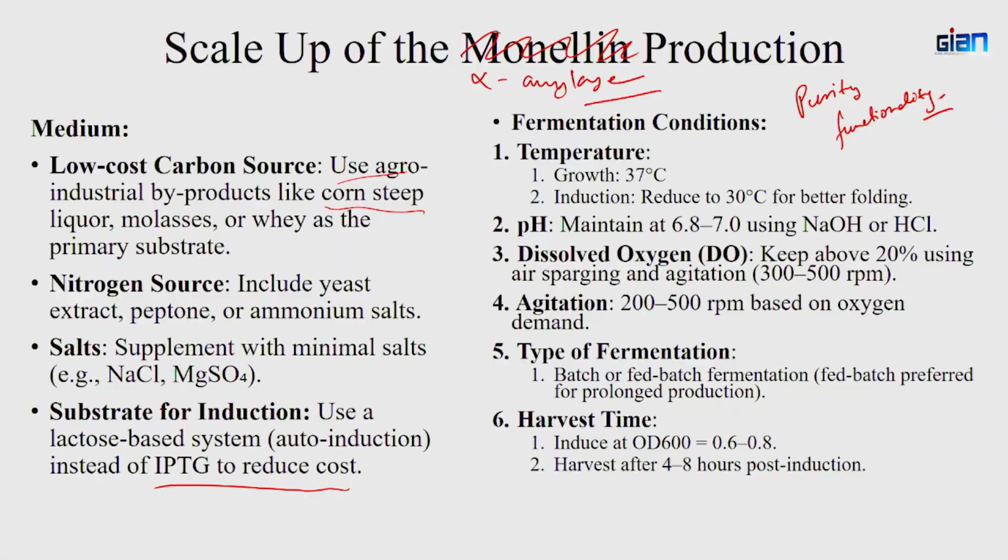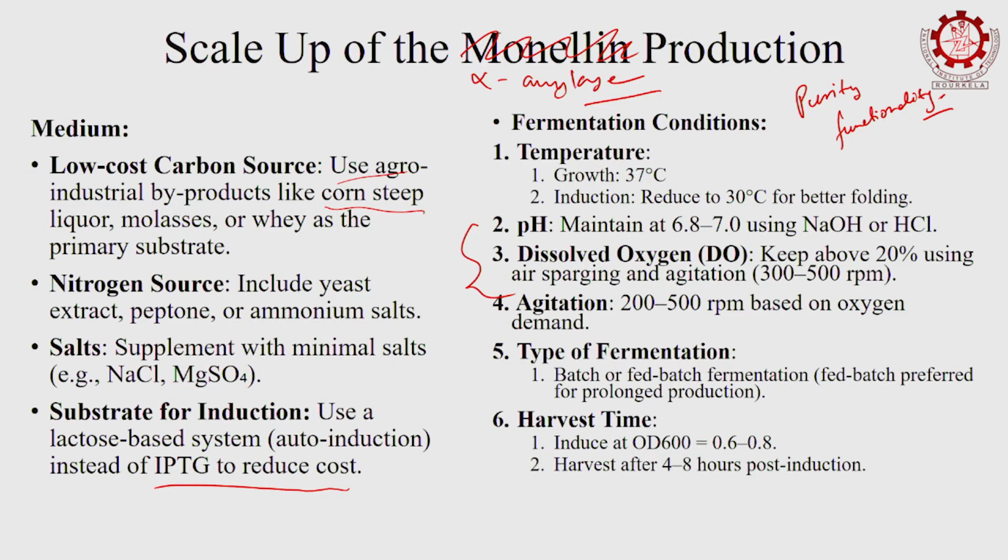Dissolved oxygen is also required; we have to keep it above 20% using air sparging. Agitation is 300 to 500 rpm, and during the induction stage it is 200 to 500 rpm based on the oxygen demand.